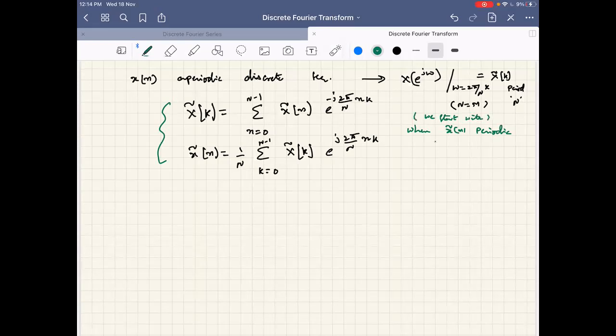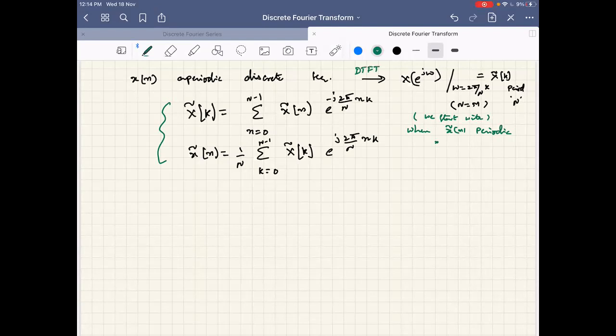However, now if we start with x of n being an aperiodic sequence, the question is, can I still have discrete frequency coefficients instead of having the discrete time Fourier transform, which is a continuous frequency representation?